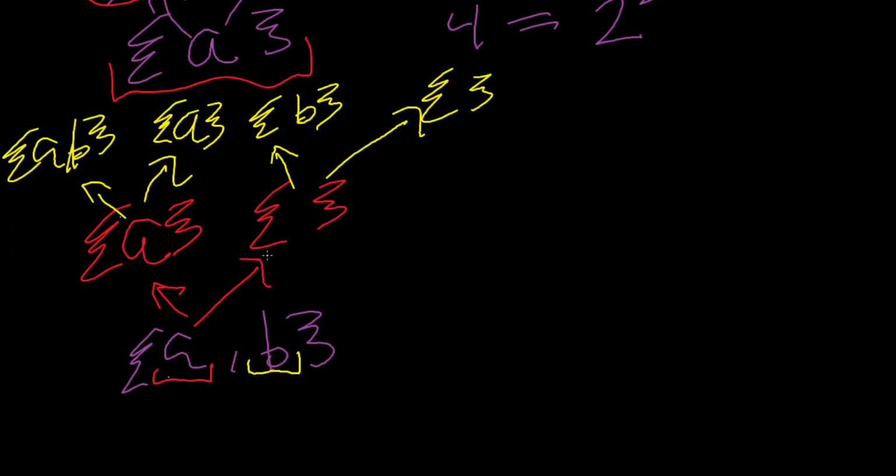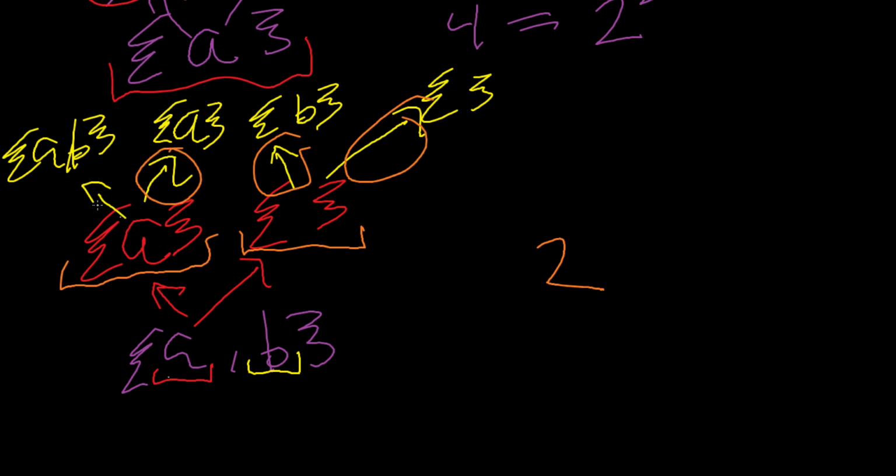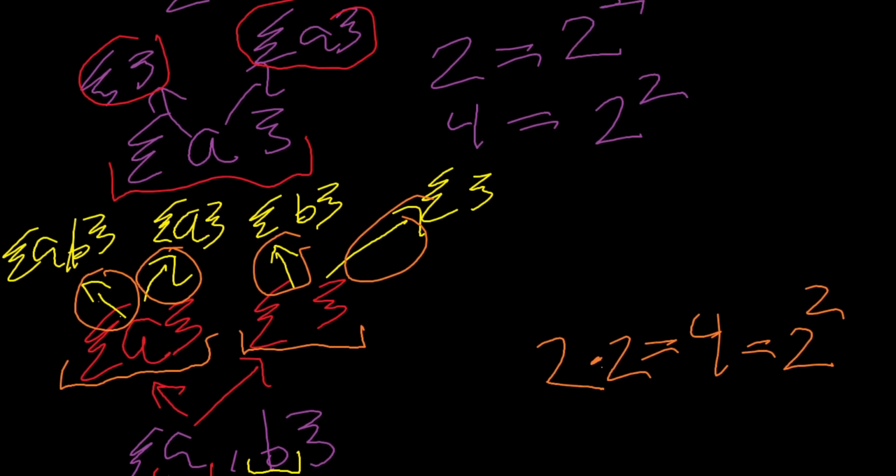Because the first two scenarios branched out in two different ways in each iteration, which means we'll have 2 times 2 equals 4, or 2 to the second power different scenarios.